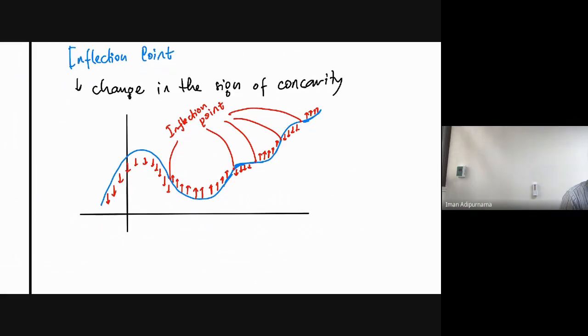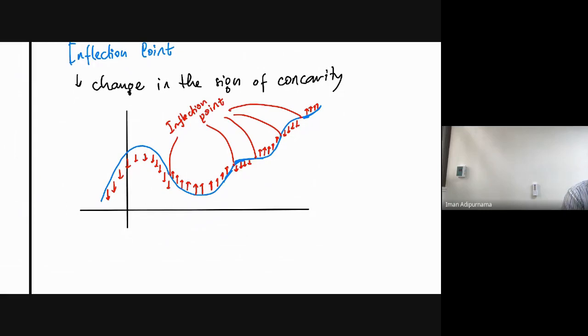To evaluate the inflection point, we can use the second derivative.